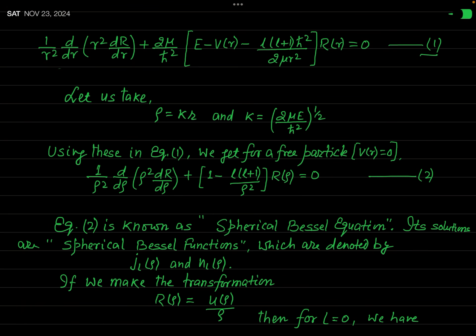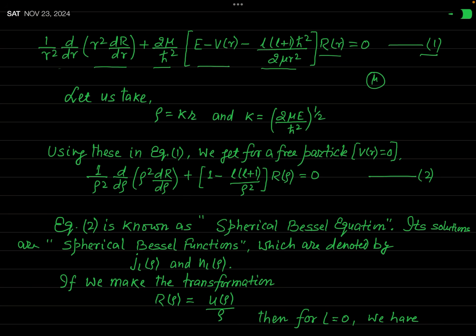And this equation reads as 1 over r squared d/dr of r squared dR/dr plus 2 mu over h bar squared times E minus V of r minus L times L plus 1 h bar squared over 2 mu r squared, times R of r, equal to 0. Actually here this mu is the effective mass of our system.